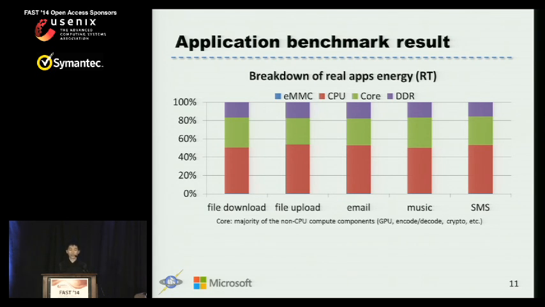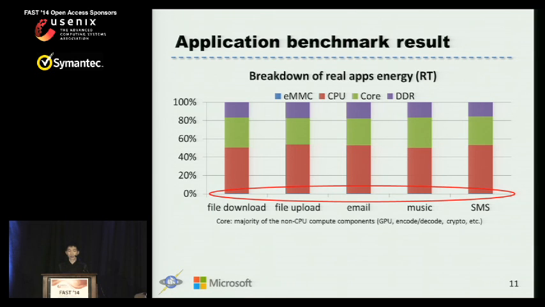As we can see from this breakdown, at the bottom of each bar, there's a very tiny blue stack that you can barely see. So I used a red circle on that. That is the energy of eMMC, the storage hardware. That is just less than 1% of the whole energy.